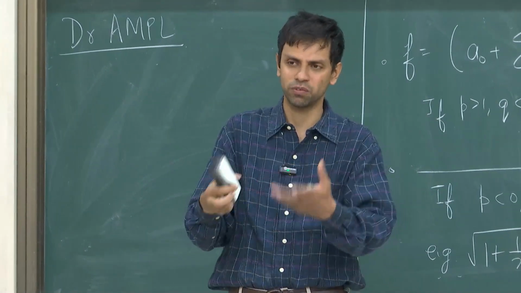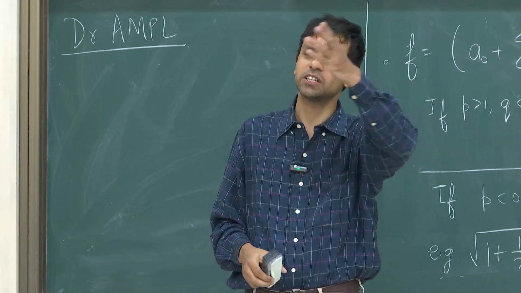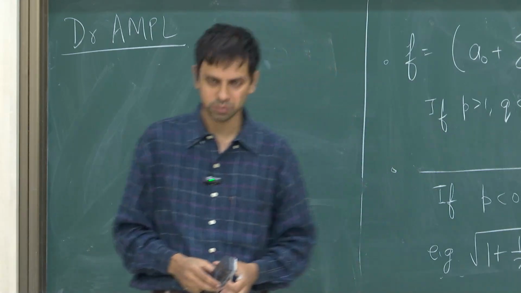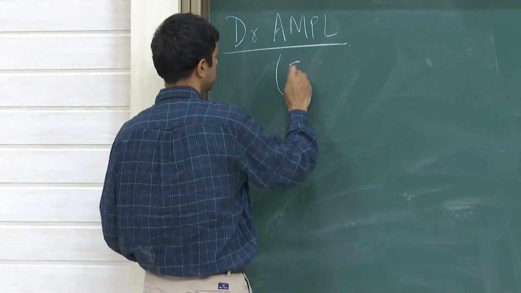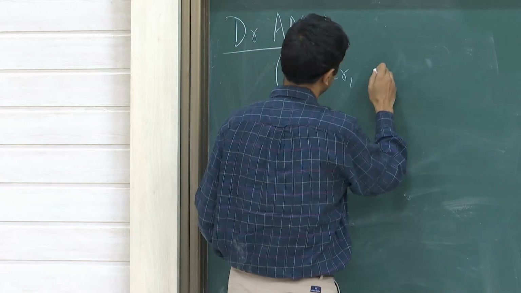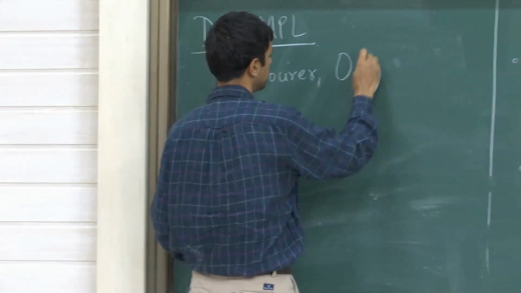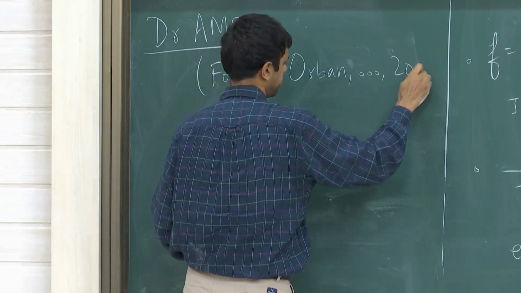It checks for convexity, it checks whether functions are increasing or decreasing, and so on and so forth. This is by Bob Fourer, who also wrote AMPL, and Dominique Orban, 2009.